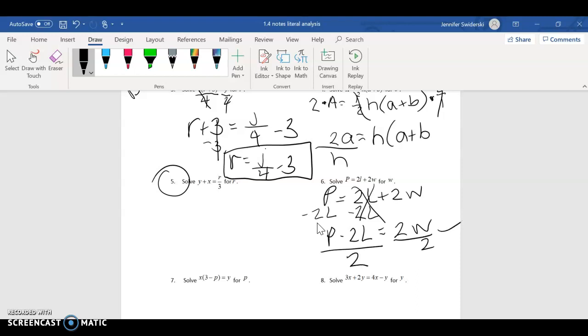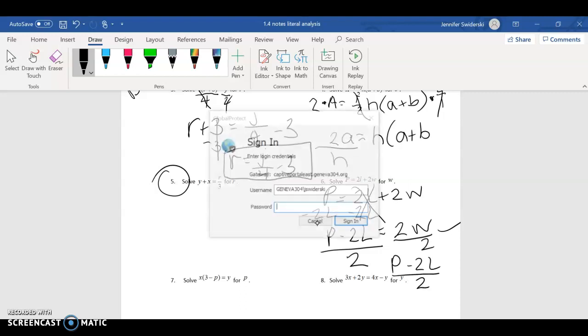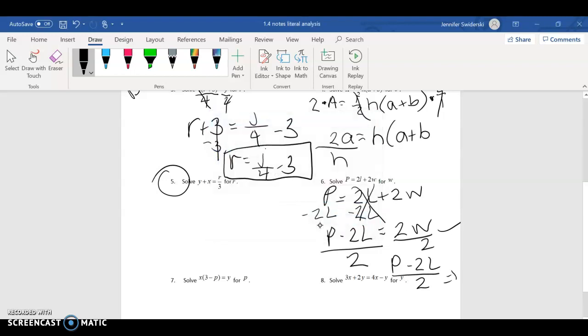I'm going to write this over here. We have P minus 2L over 2 is equal to W. I will accept that answer, or some of you might want to rewrite it.